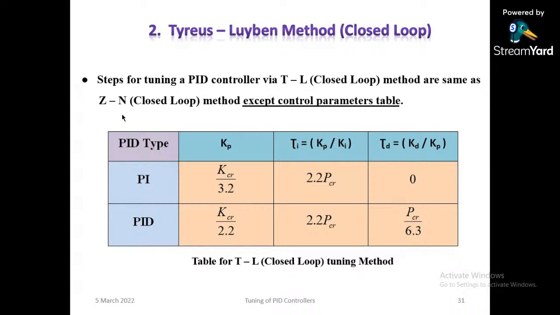Again you need to follow the same step: open loop, make closed loop, use proportional, increase up to K marginal, note down KCR, note down PCR.